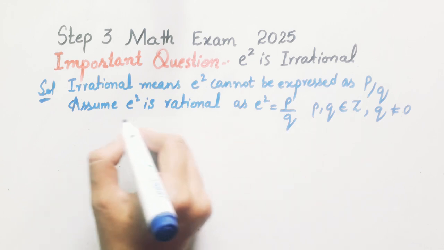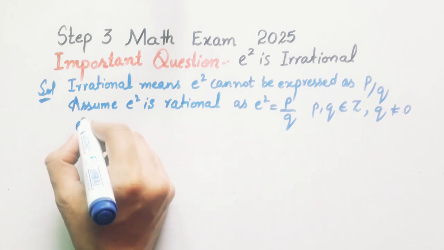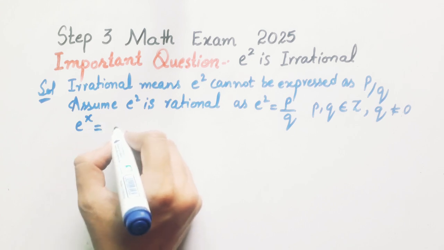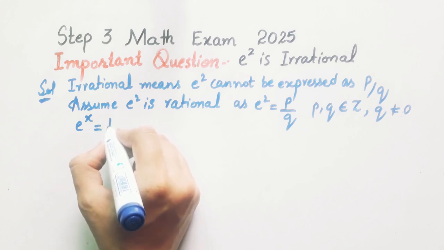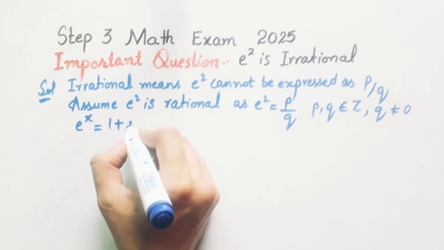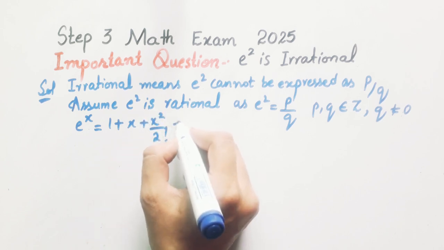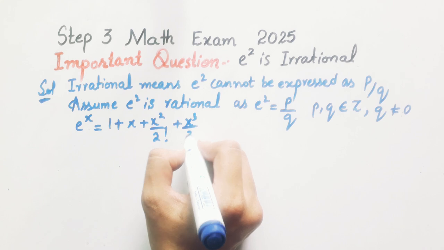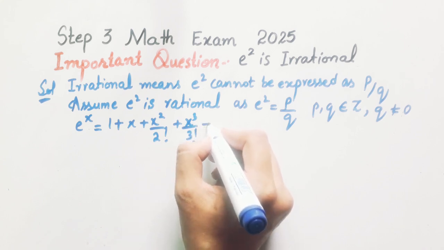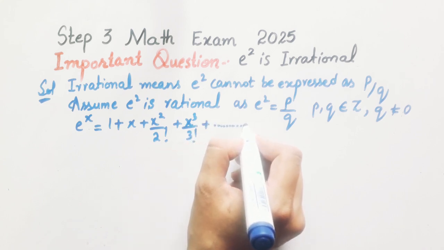Now consider the series expansion of e raised to power x, which we know equals 1 plus x plus x square over 2 factorial plus x cube over 3 factorial plus, and so on.